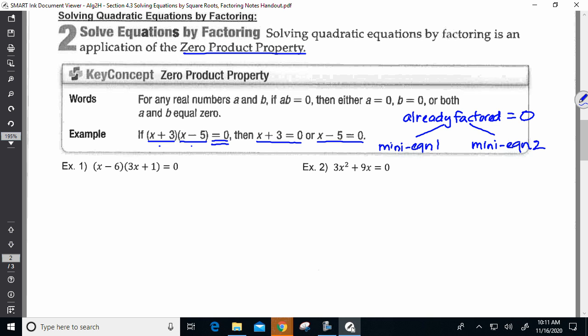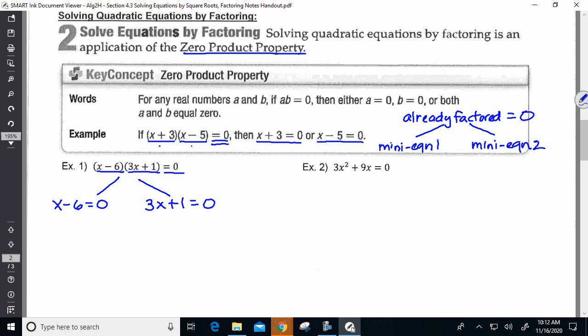So, case in point, example number 1. x minus 6 times 3x plus 1 equals 0. It's already factored. It's set equal to 0. So you can separate it into its mini equations and then solve the mini equations.